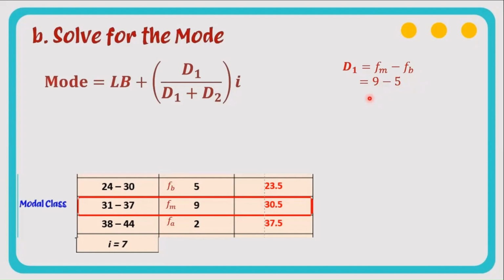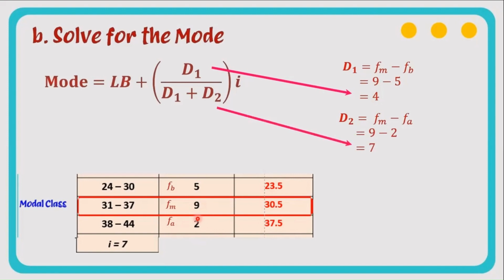Therefore, 9 minus 5 equals 4, and that is the value of our D1 that we need to substitute later. Next, D sub 2 is equal to the frequency of the modal class minus the frequency after the modal class. So that is 9 minus 2. So our D sub 2 is 7. We need to use that later.